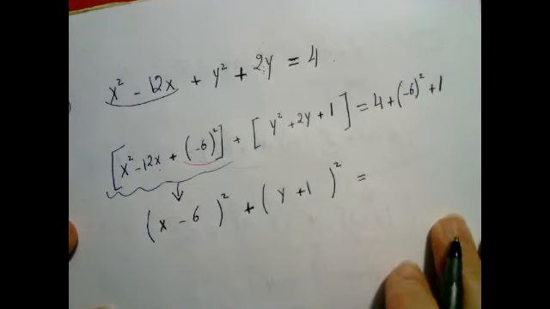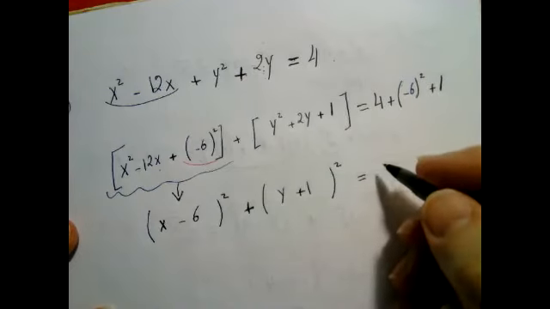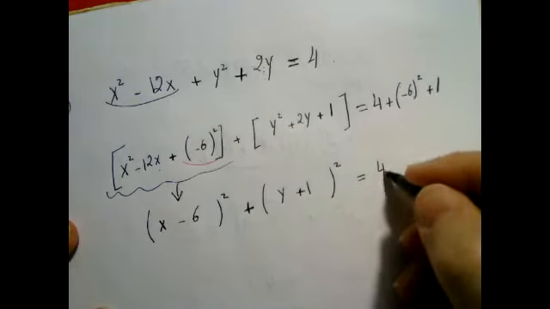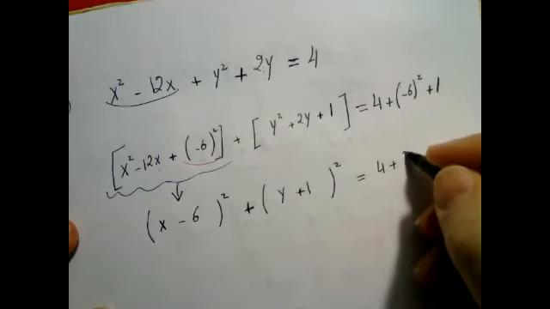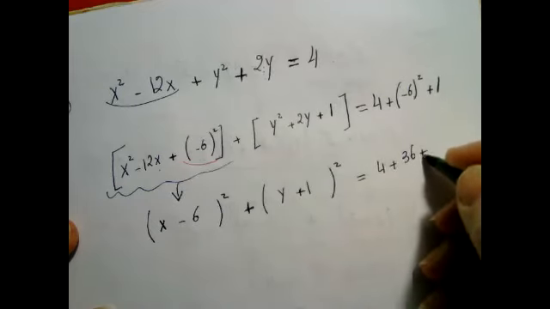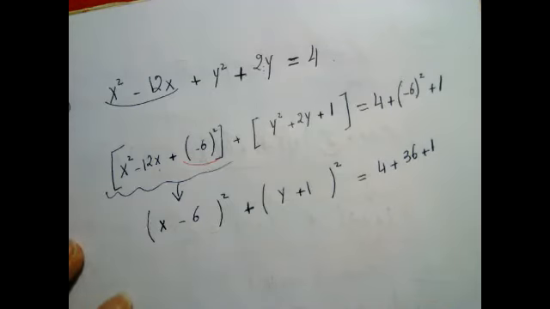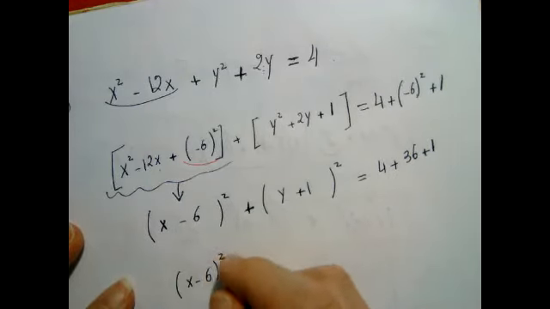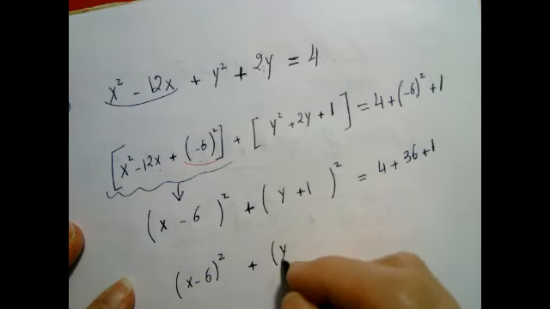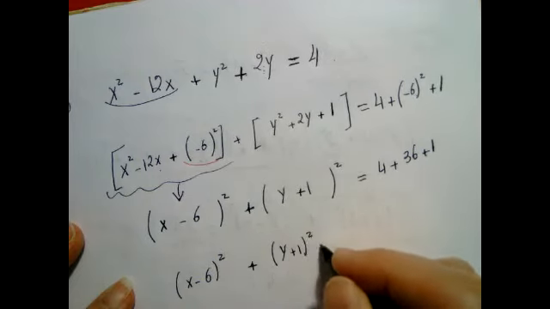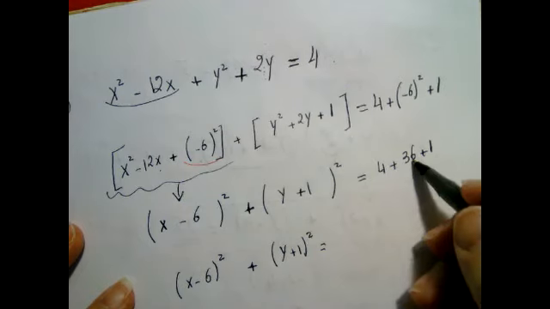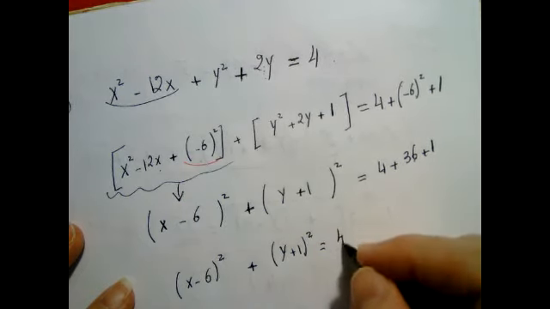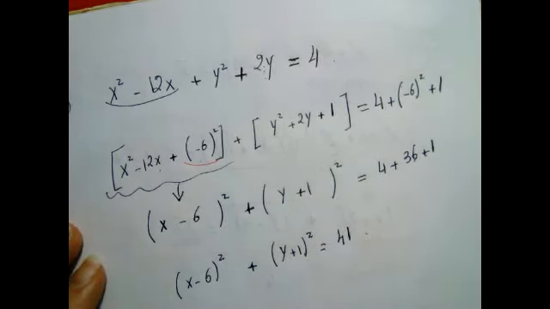And that one would be 4 plus 36 plus 1. Yeah, let's not really worry about that. We can add in a minute. So this would give me (x minus 6) squared plus (y plus 1) squared equal to 4 plus 36, that's 40, plus 1, 41.